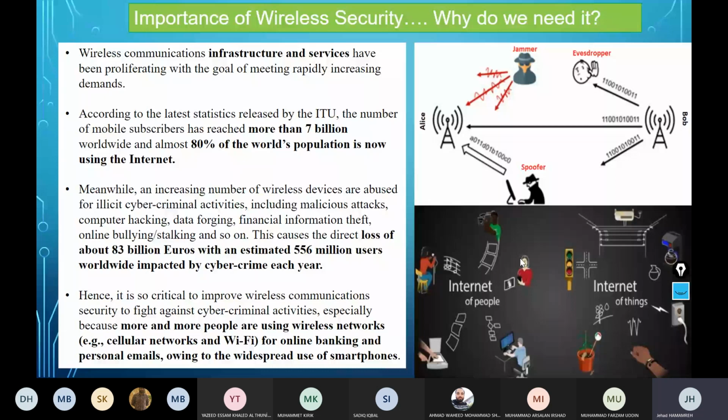More specifically, if I ask you, are you happy with the speed of the internet in your hometown or your country or your city? Most of you would love to have a faster internet where you can, for example, download a movie in 1 second instead of waiting 10 or 15 minutes.